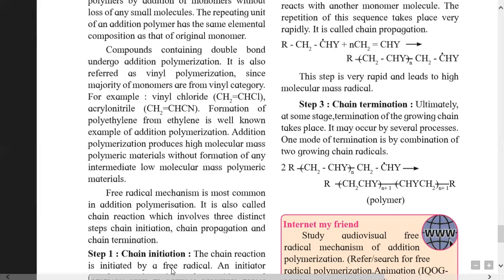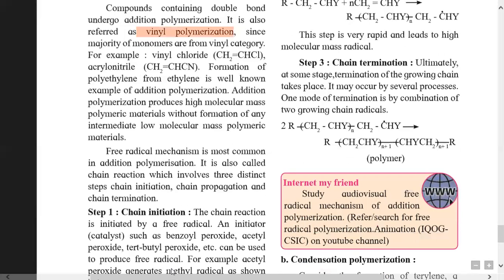Compounds containing double bonds undergo this type of addition polymerization. So which compounds undergo addition polymerization? Those containing a double bond. They are also called vinyl polymerization, because the vinyl category comes under this type.